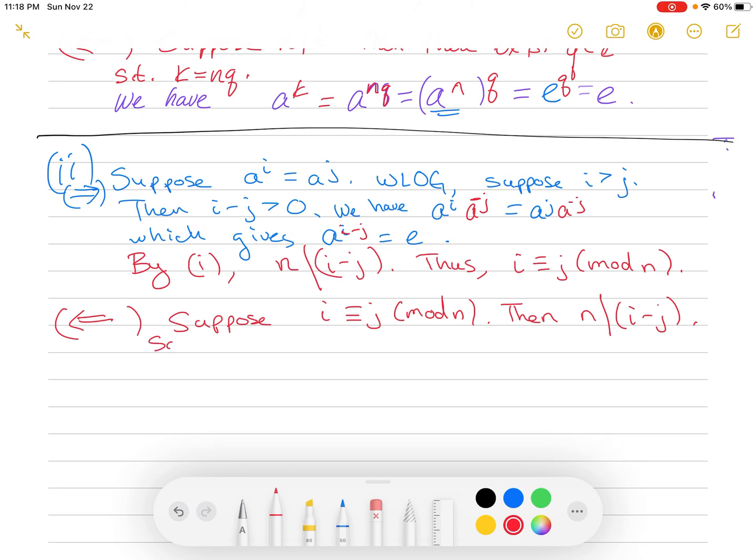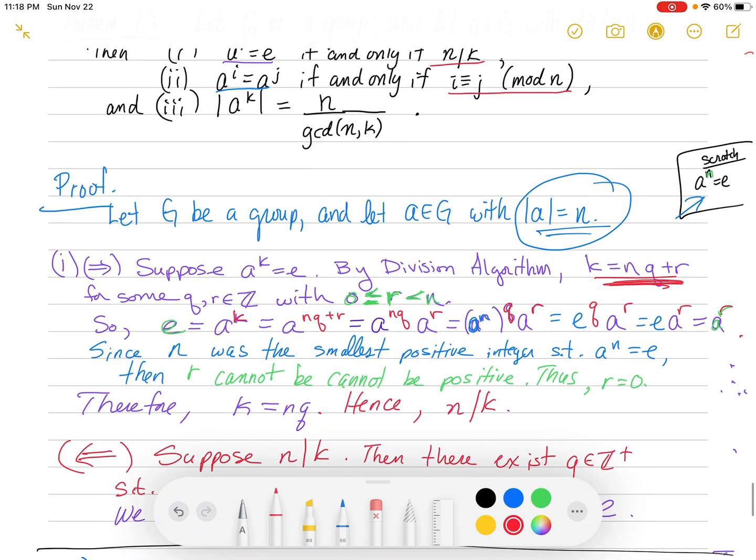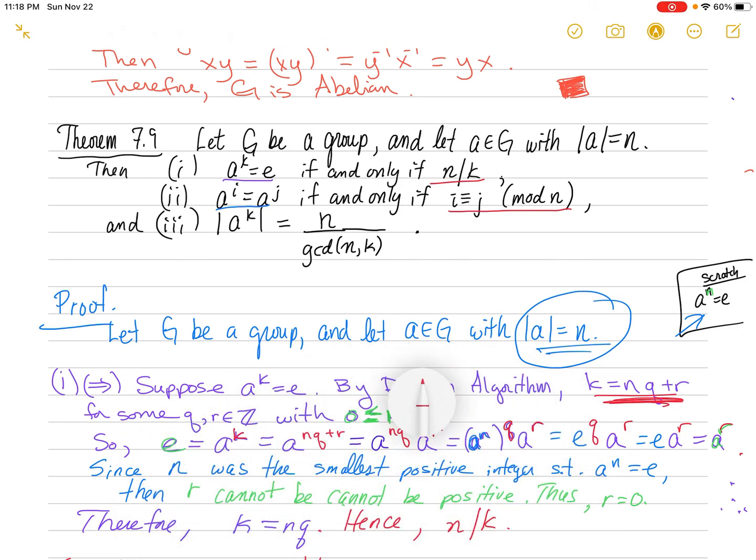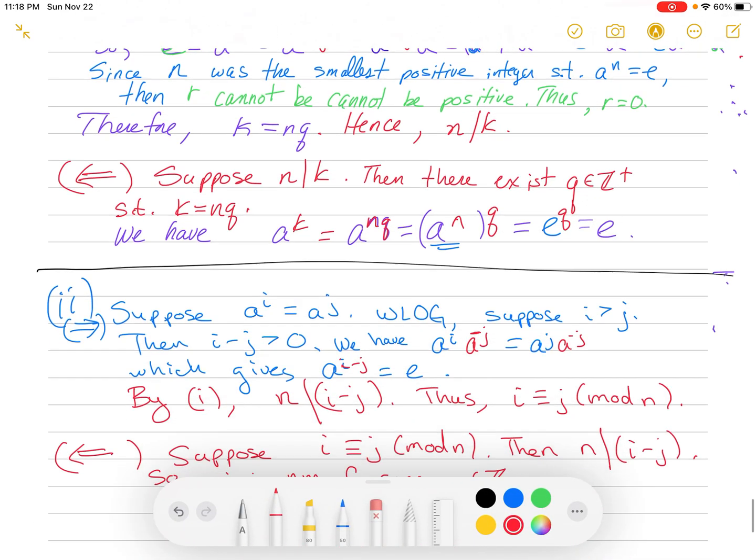That means i minus j is a multiple of n, equals nm, let's say, for some integer m. So now I'm going to raise a to the i minus j power. We want to get to a to the i equals a to the j.